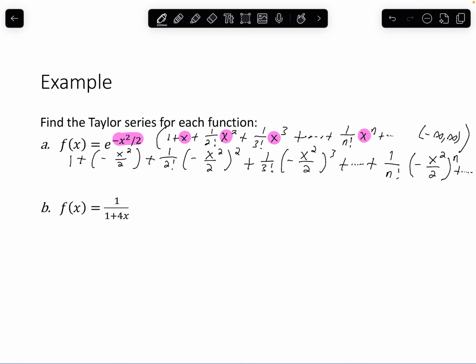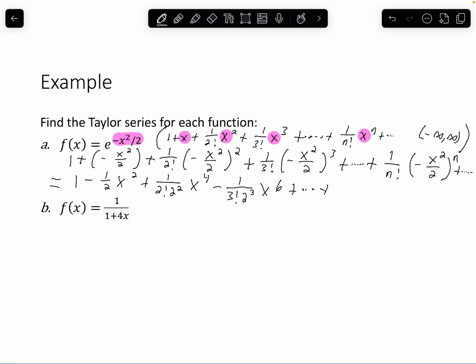So this can slightly simplify to make it a little bit less messy looking. This makes 1 minus a half x squared plus 1 over 2 factorial times 2 squared times x to the 4th power, minus 1 over 3 factorial times 2 cubed times x to the 6th, and this keeps going on.